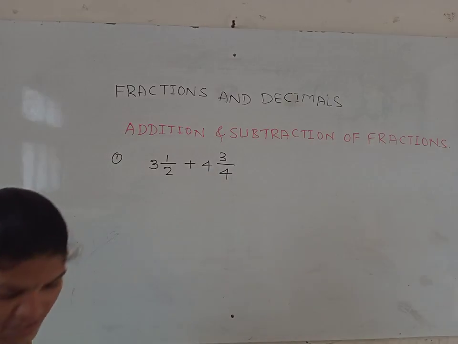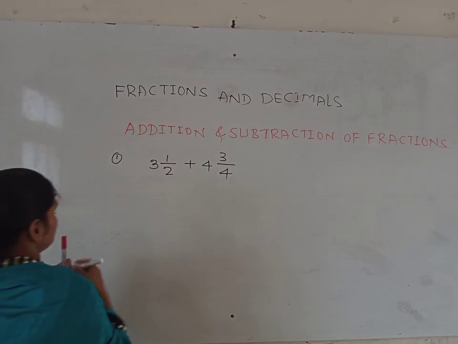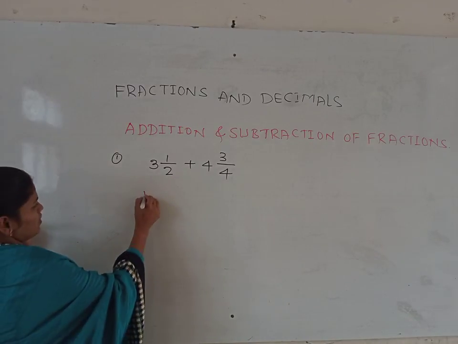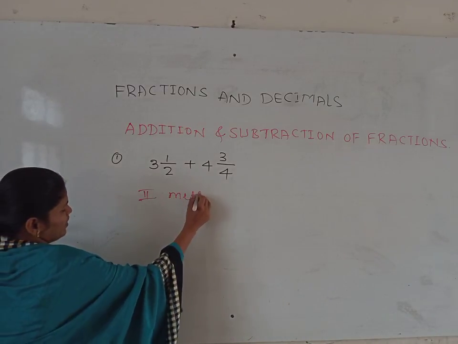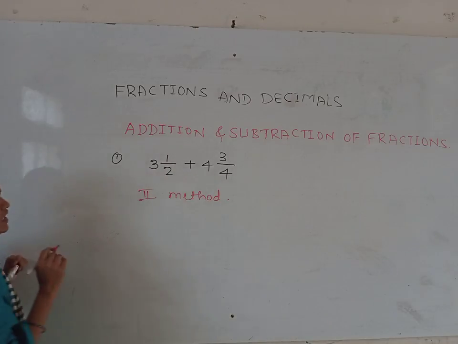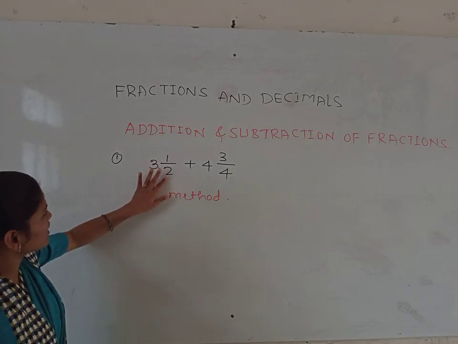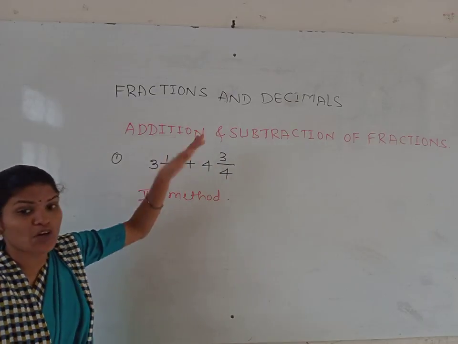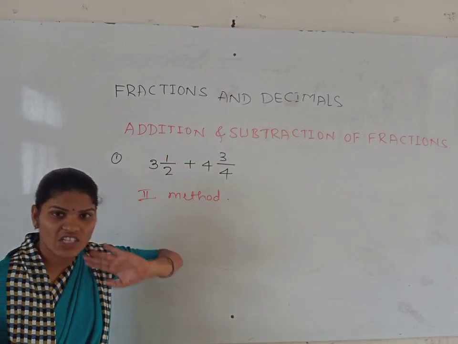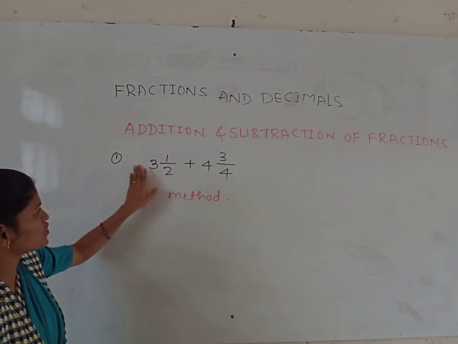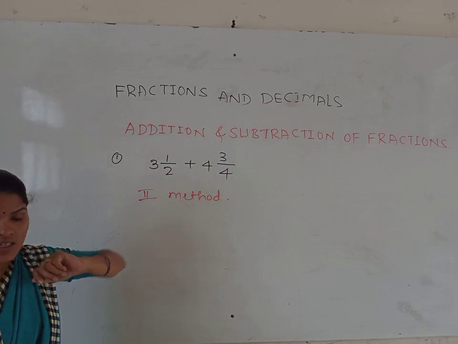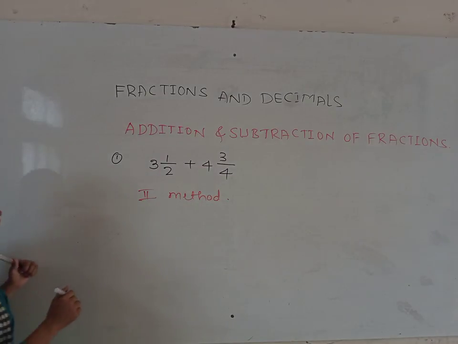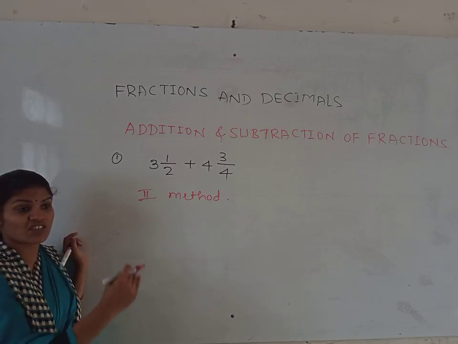Okay. Second method, how to solve this one? In the second method, directly I will convert these fractions to improper fractions, in the first step only. How do we convert mixed fractions to improper?